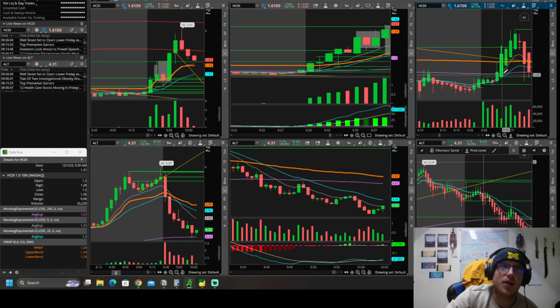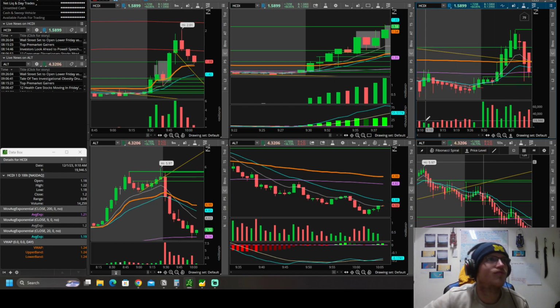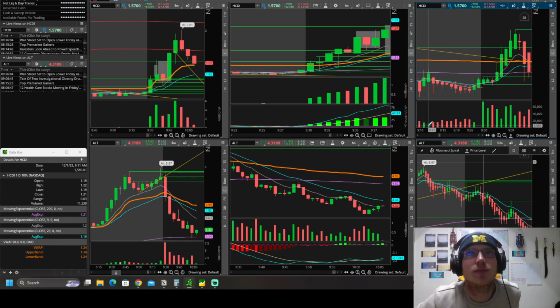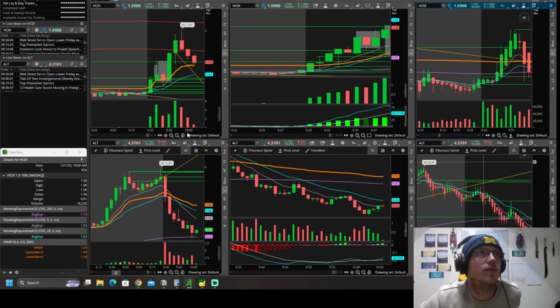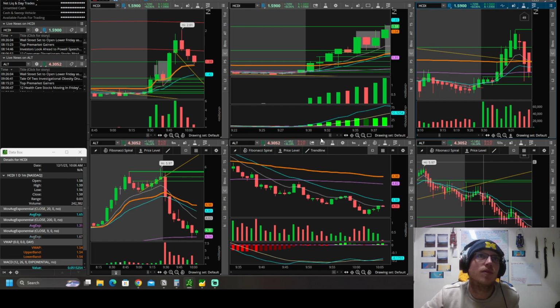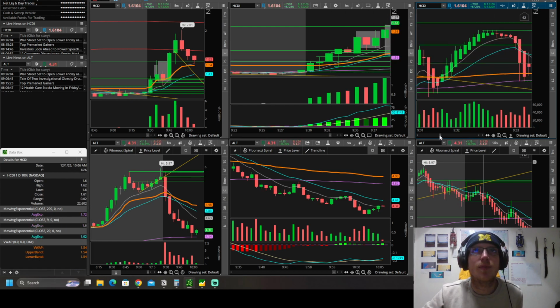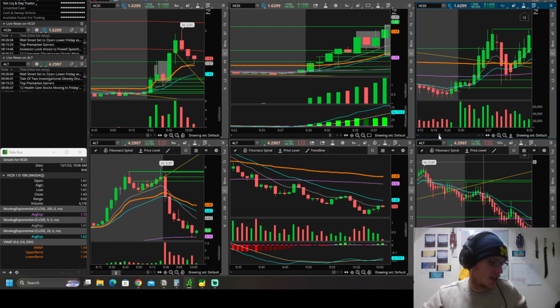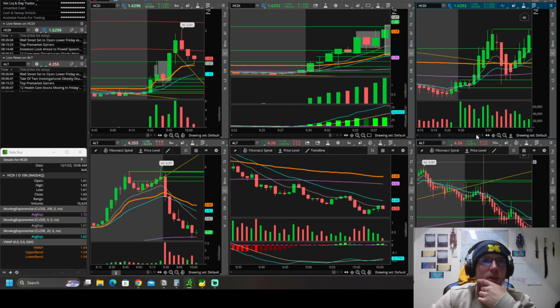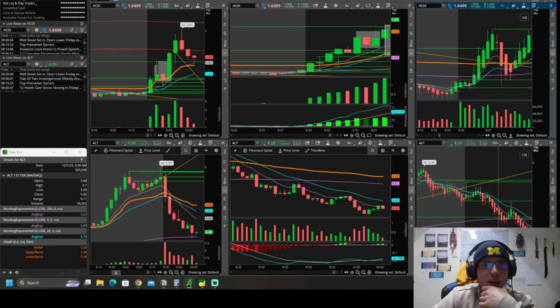This is the entry really for the break of VWAP. So this one was a tricky one to get. And it's not going to be picture perfect, but I'm aiming for that. I'm aiming to get better.